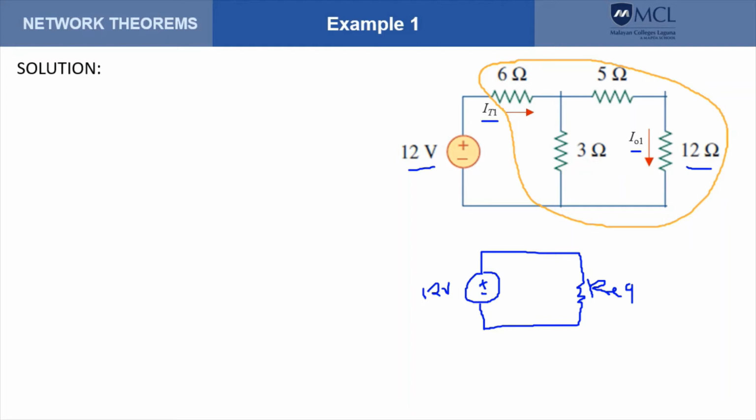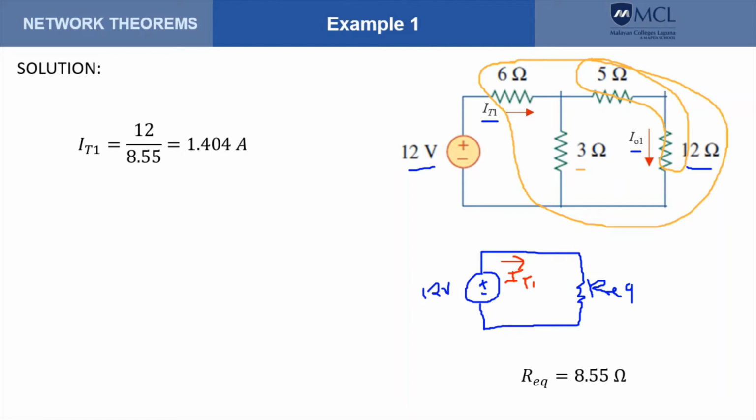We observe that the 5 and the 12 are in series, so that will give us 17 ohms. That is in parallel with 3, and the overall combination is in series with 6. So that will give us a resistance that is 8.55 ohms. And from there, we can compute for this current, I sub T1. So that current is given by that.